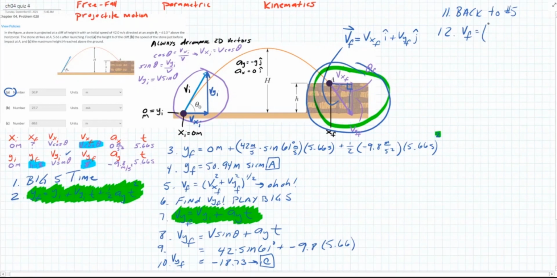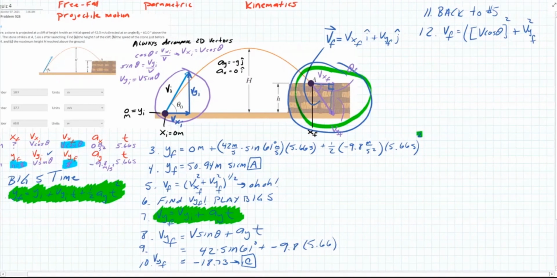Well, it's just V cos theta. So you need to take V cos theta, square it, plus Vy final, square it, and then square root the whole thing.